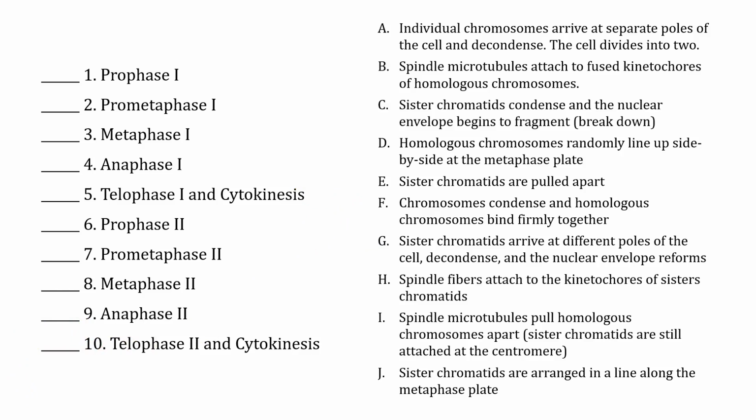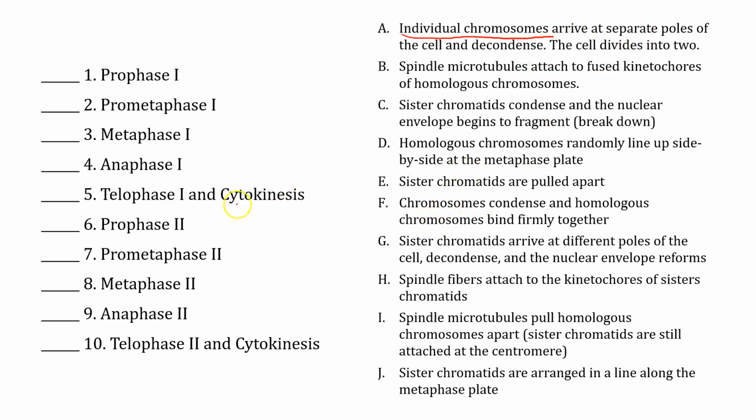Okay, here we go. Looking at A: individual chromosomes arrive at separate poles of the cell and decondense. If nucleic material is moving to separate poles of the cell, decondensing, and then dividing into 2, that's the process of telophase and cytokinesis.